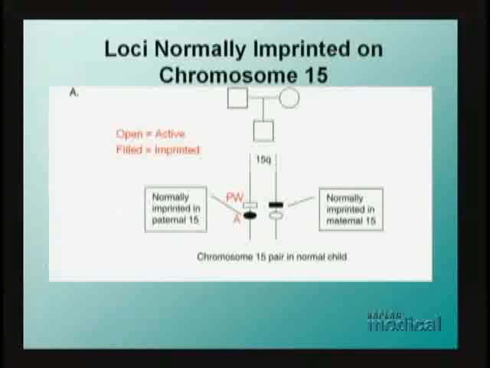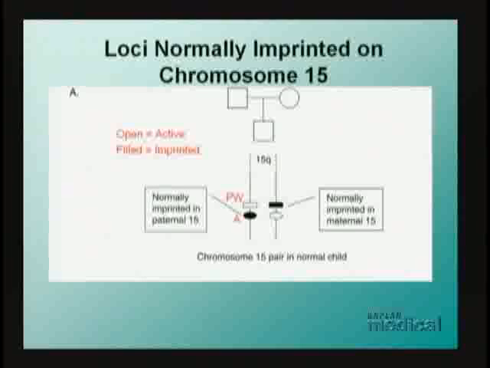It turns out that the Prader-Willi gene is methylated, imprinted, and turned off by the mother as she produces her eggs. And that is represented by filling in the rectangle for the Prader-Willi gene on the copy of the chromosome that comes from the mother. In this diagram, the copy of chromosome 15 coming from the father is on the left.